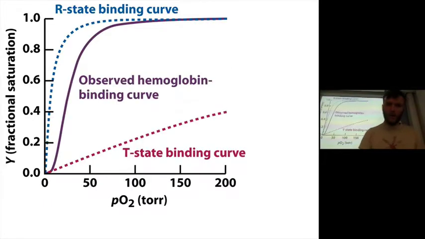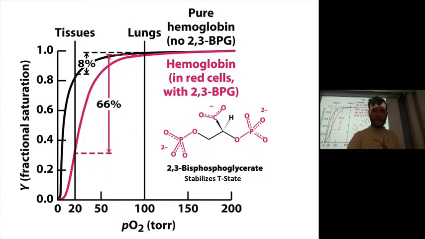All right, so without 2,3-BPG, we are pretty close to the R state curve. In the presence of 2,3-BPG, it shifts us down to this observed binding curve, which is a little bit closer to the T state. This is because 2,3-BPG stabilizes the T state.